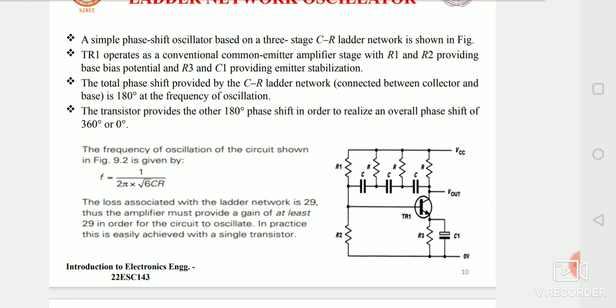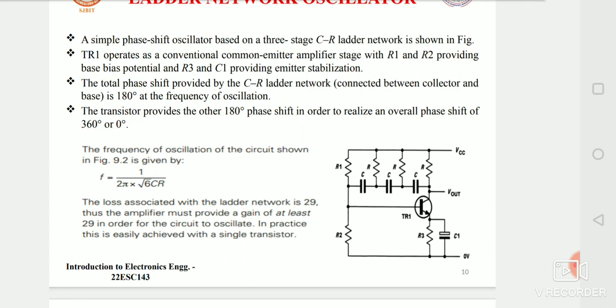And also R1 and R2 you can see here, which act as biasing of the transistor, and R3 will act as biasing of the emitter of the transistor, and the capacitor which is connected as a bypass capacitor gives stability to the transistor.